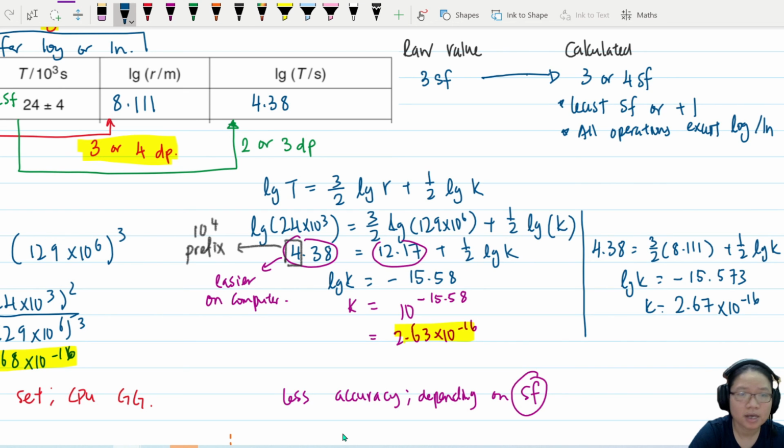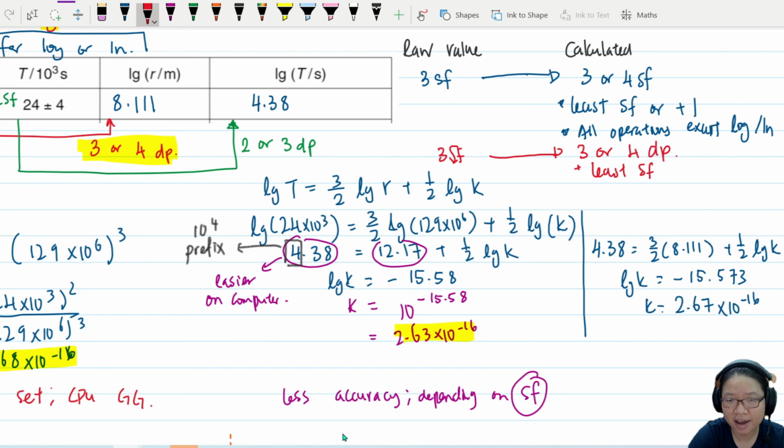The exception for log and ln is if you have 3 SF, when you move here, it would be 3 or 4 DP. So least SF becomes DP or +1. This one is for log or ln.